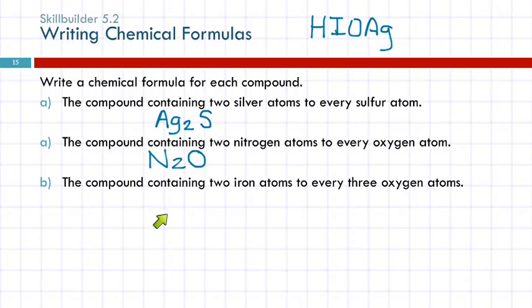So compound containing 2 iron atoms to every 3 oxygen atoms. Iron is Fe, and to indicate 2, subscript of 2, and oxygen, subscript of 3. It's important that these be subscripts, not superscripts. Superscripts are used for charges.